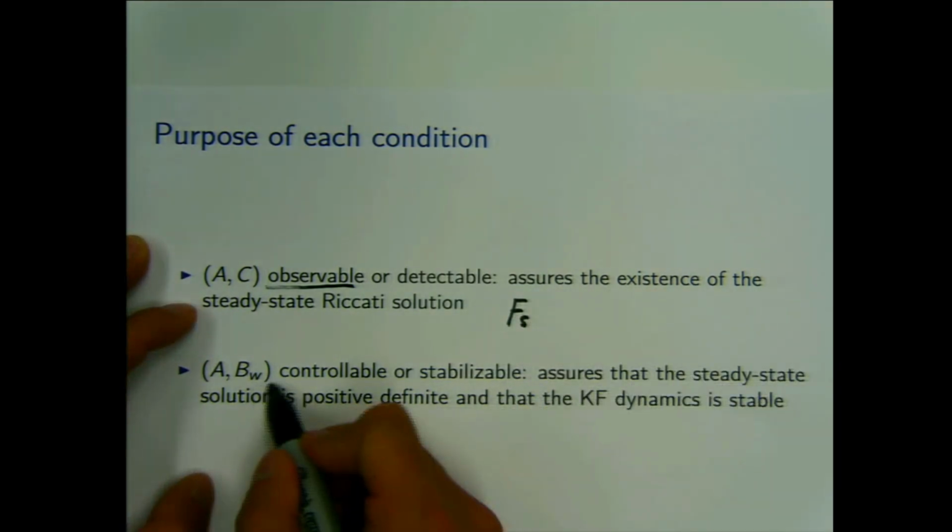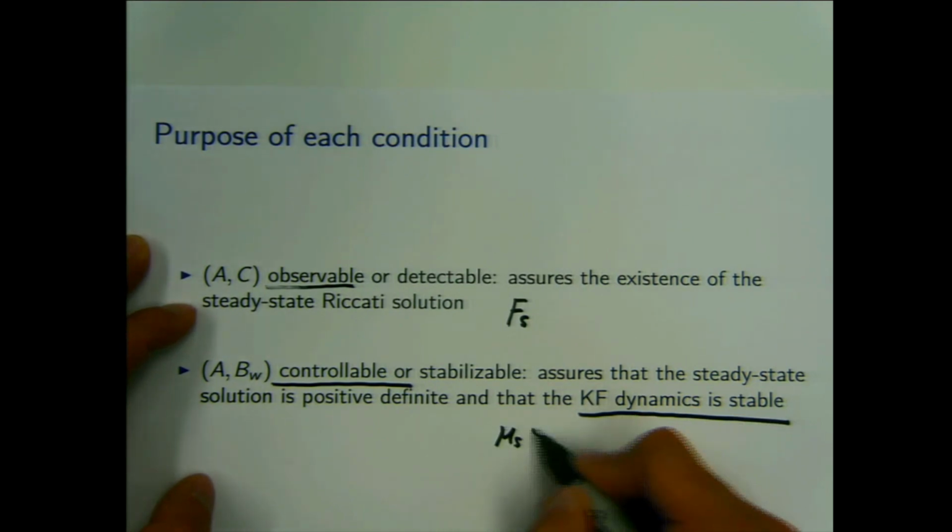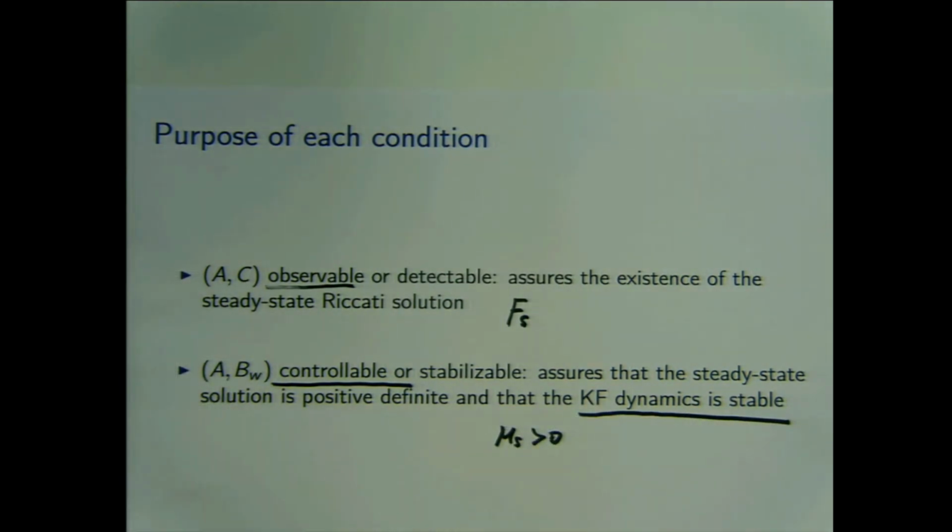And if we have the controllability assumptions, the Kalman filter dynamics is asymptotically stable, and the covariance matrix is going to be positive definite. That's the benefit, very similar to the discrete time LQ problem. The LQ problem says the closed loop system is always stable, and we have fantastic gain margin and phase margin in that case.